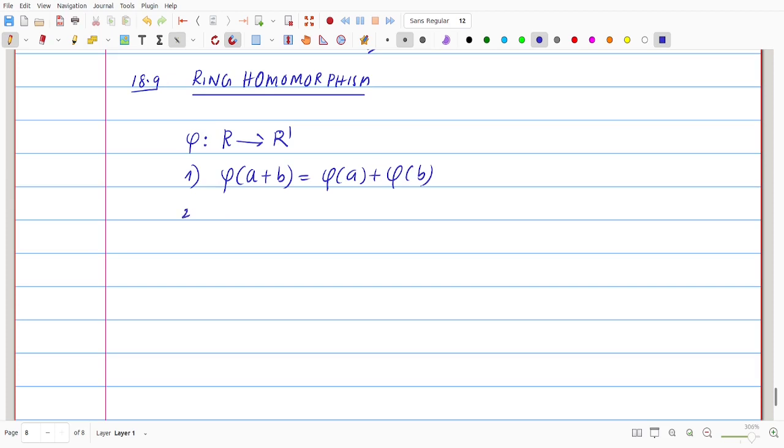Not only this, we need to check one more condition, as this ring contains two binary operations. So phi preserves the first binary operation. Preserves means phi satisfies the first condition, and similarly phi should satisfy the second condition as well: phi of ab is equal to phi of a times phi of b. If these two conditions are true for any a, b belonging to R, then we can say that phi is a ring homomorphism.